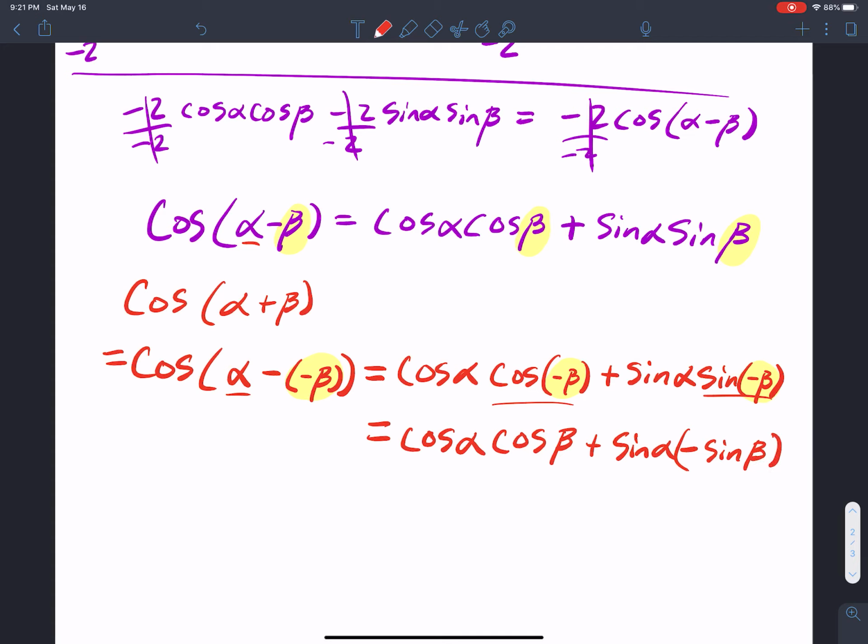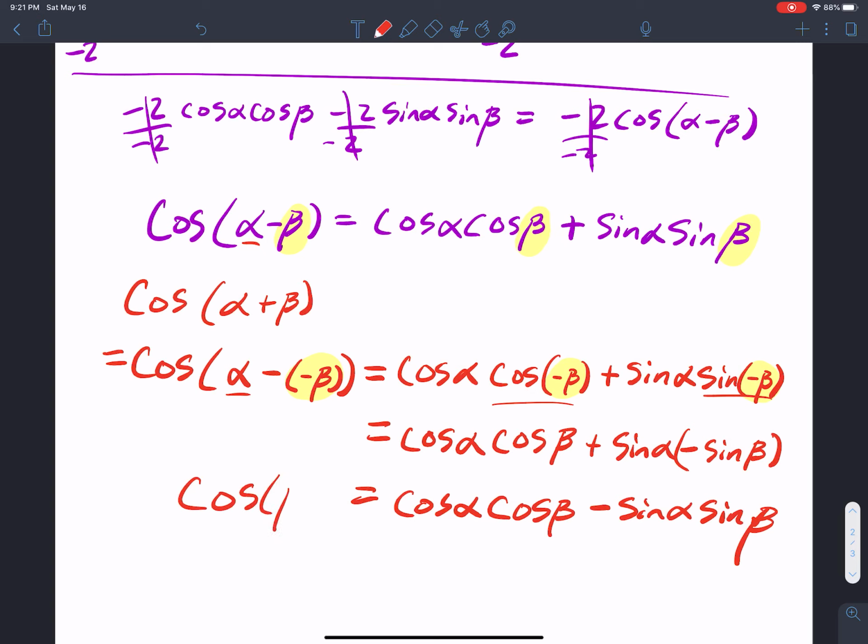So I picked up the negative factor. So the only difference is instead of adding, I'm actually subtracting that sine alpha sine beta piece. Okay? So this is the sum identity for cosine.